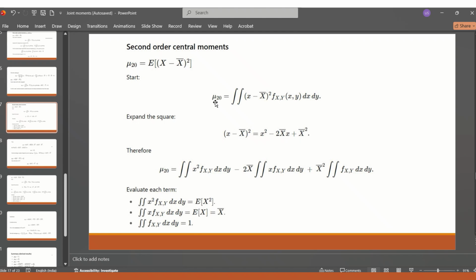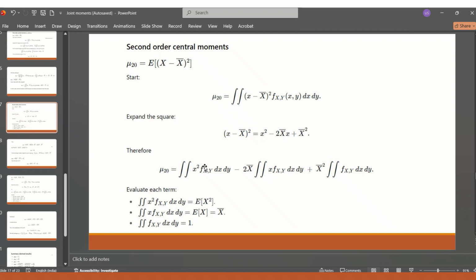Therefore, mu 2 0 is equal to the double integral of x square along with its joint density function minus 2 x bar times the double integral of x into f x comma y dx dy plus x bar square times the double integral of f x comma y of x comma y dx dy.